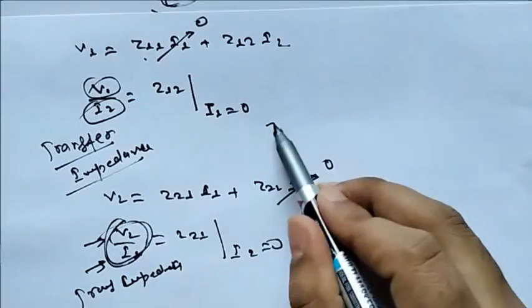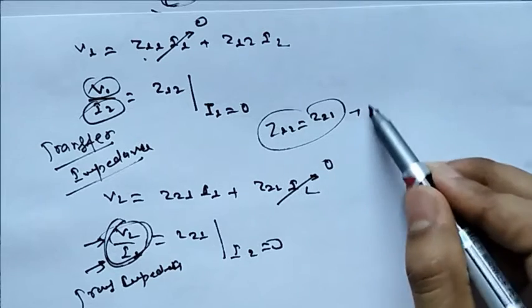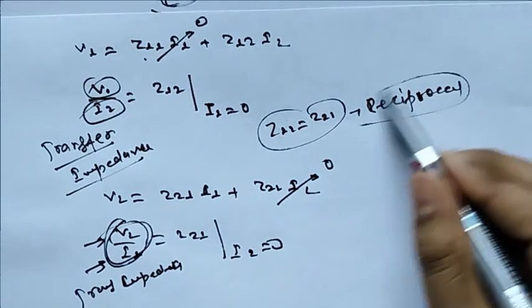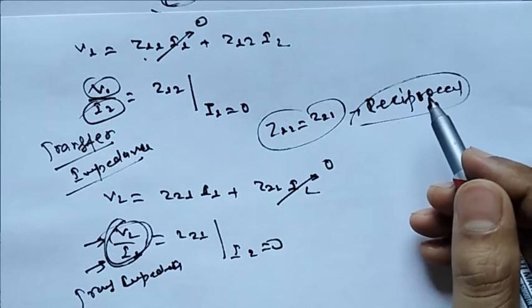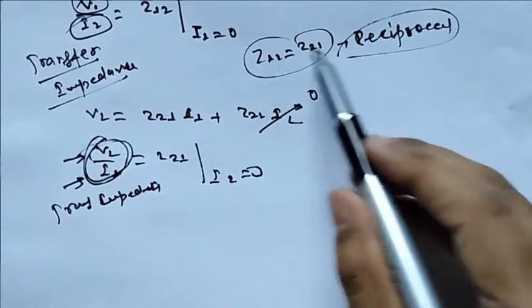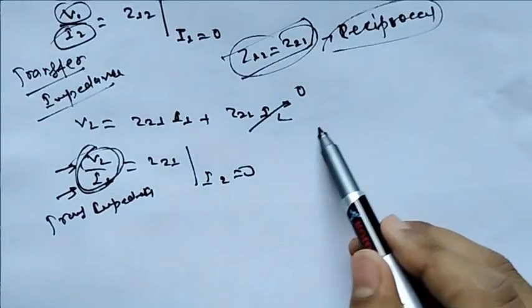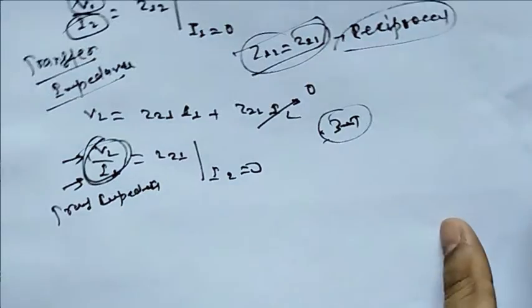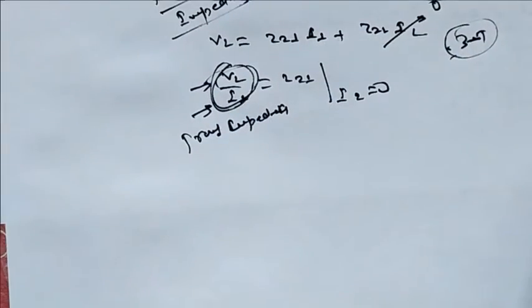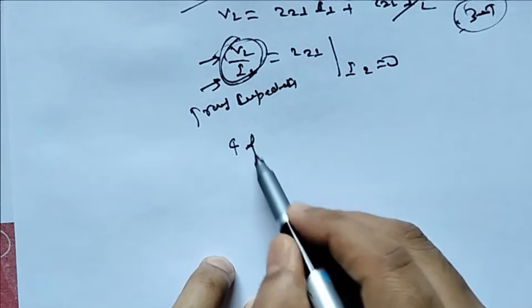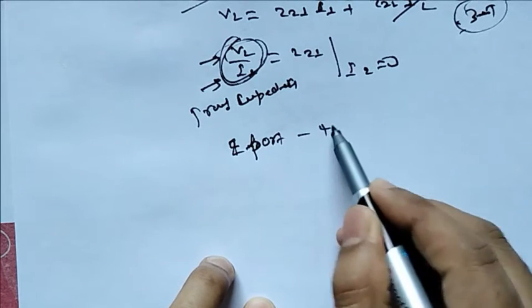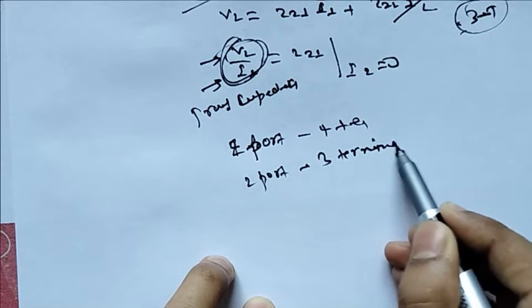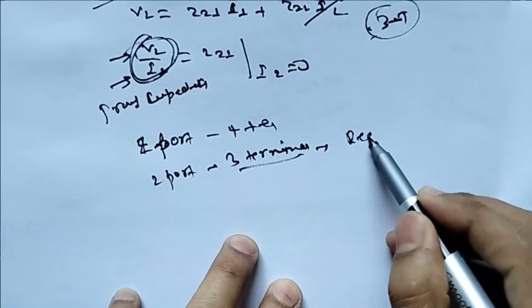Now if Z12 equals Z21, then it is called reciprocal. If they are equal, then it is called the reciprocal function. In a 2 port network we need 4 terminals, but when we see only 3 terminals, it will be assumed that the network is reciprocal.